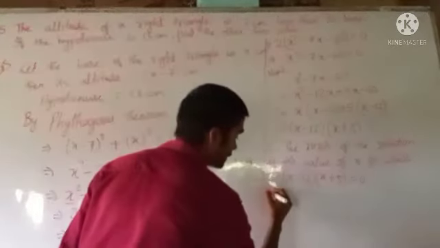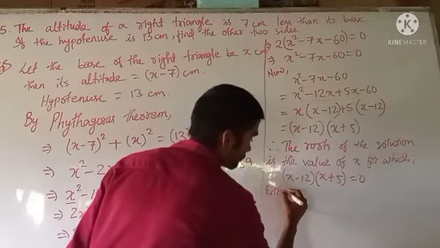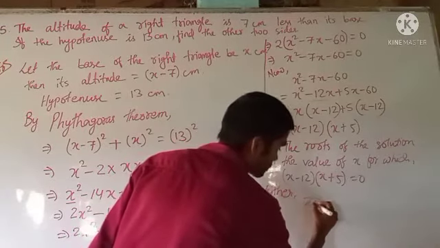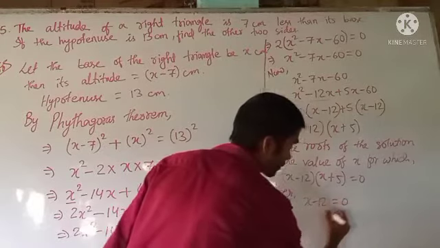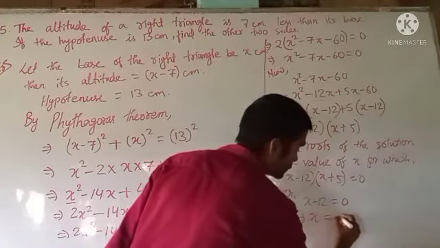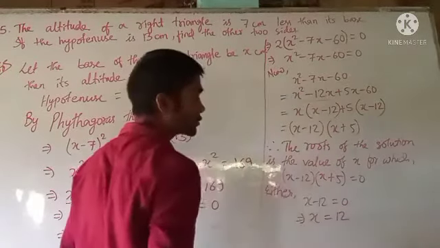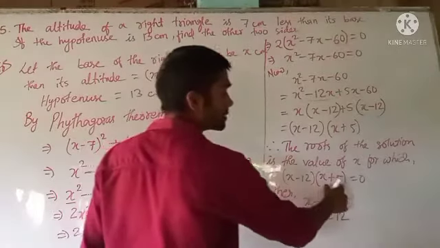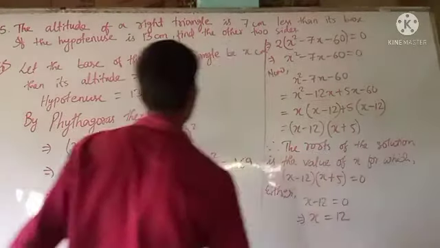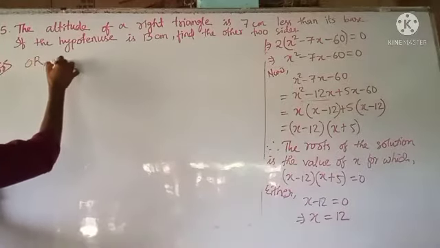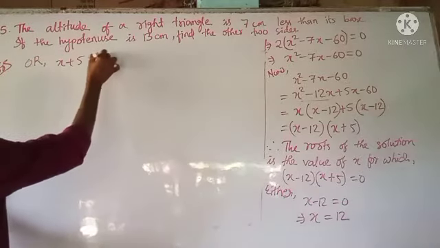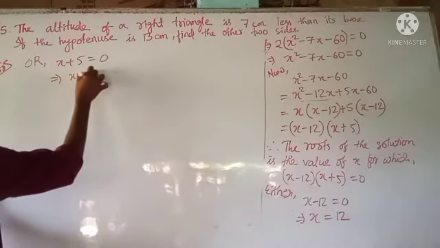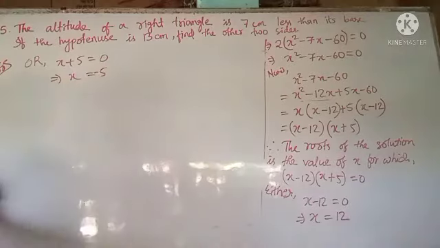Now we write either x minus 12 is equal to 0, where x is equal to 12, that is plus 12, or x plus 5 is equal to 0, where the value of x is equal to minus 5.